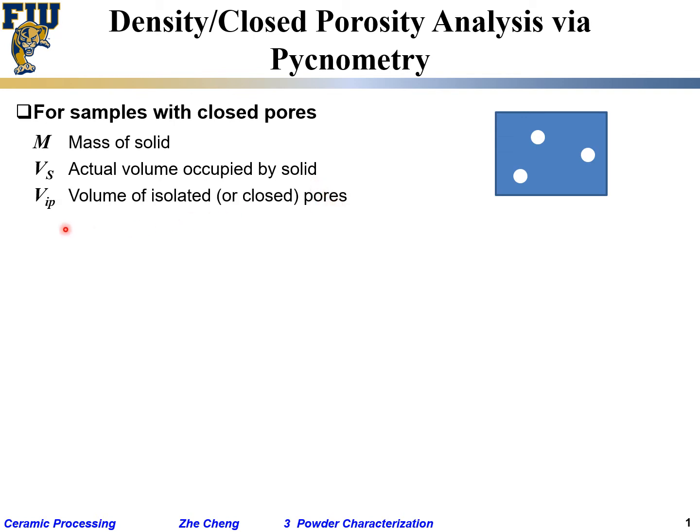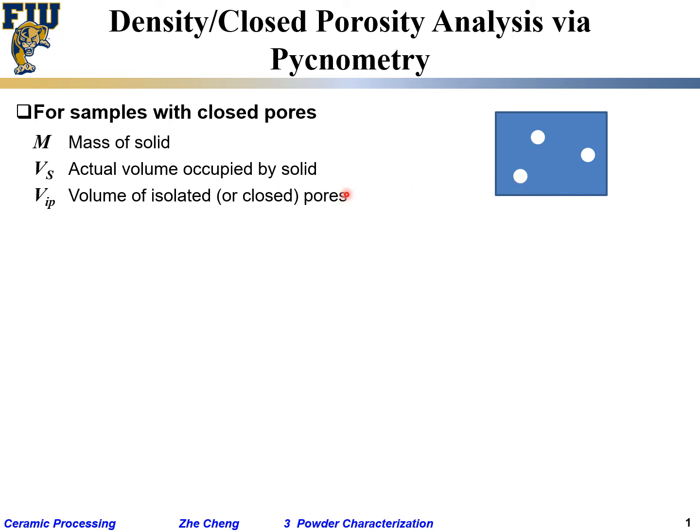VIP, V again for volume of pores, but IP for isolated pores, because we are dealing with isolated closed pores. Make sense? So these two together, Vs plus VIP, give us the so-called total apparent volume. The total volume is two parts. One is the real 100% dense solid part, which is Vs. The other part is the isolated closed pore, which is VIP.